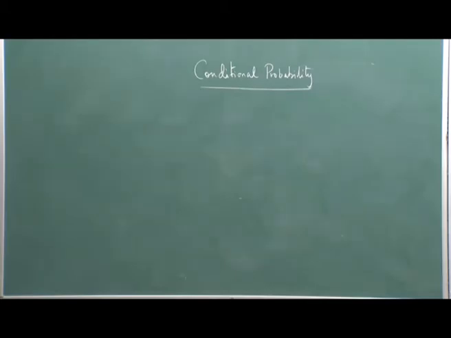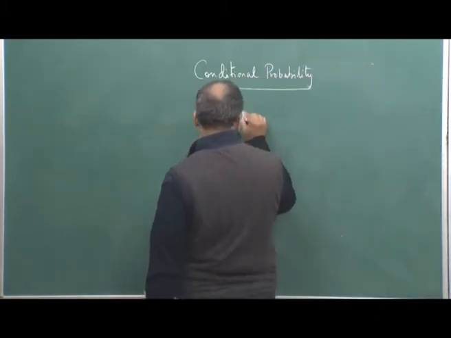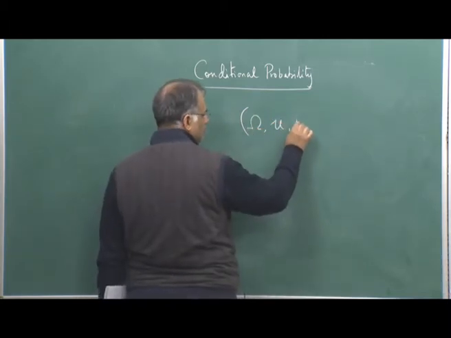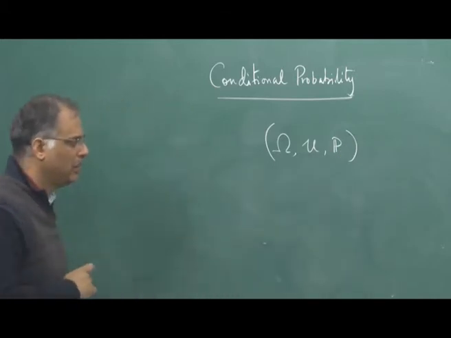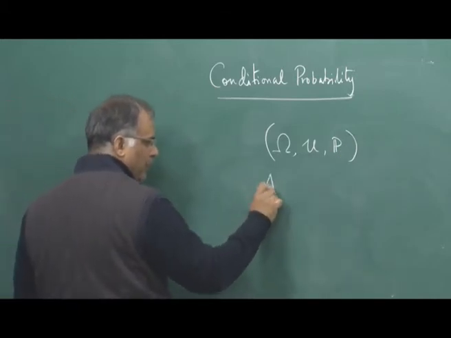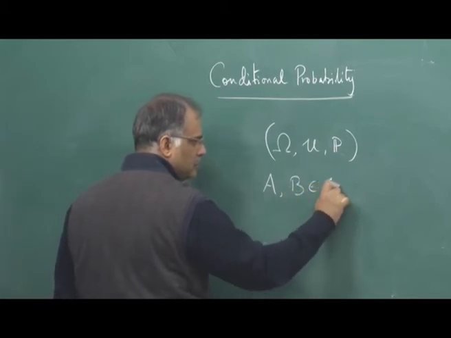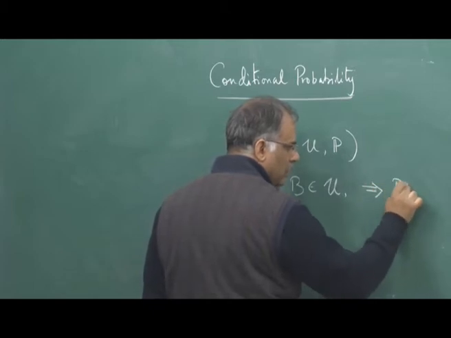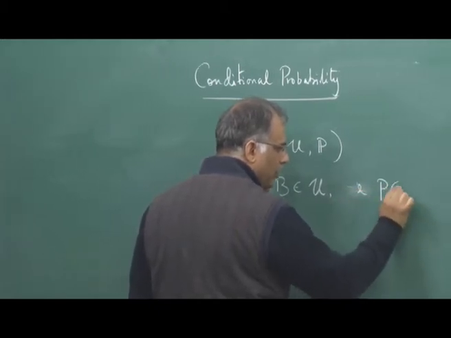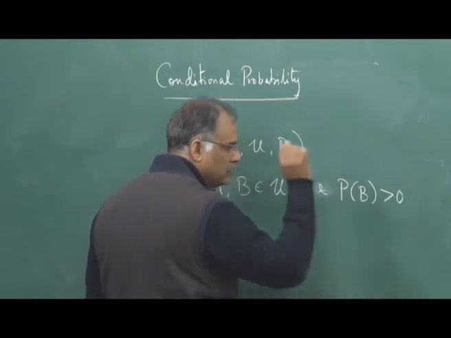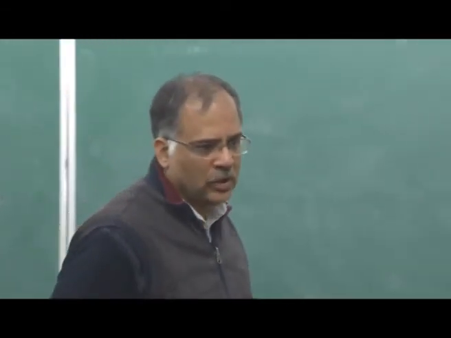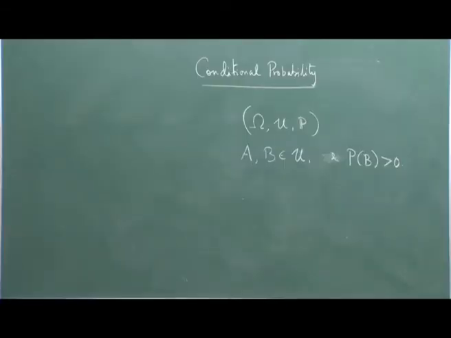Mathematically it means the following. I have a probability space and two events, A and B, and I also know that the probability of B is strictly greater than 0. That B can occur with a positive probability.